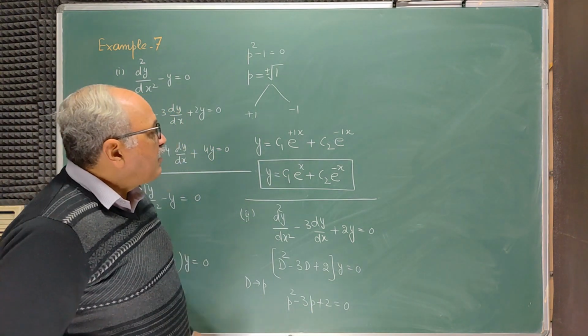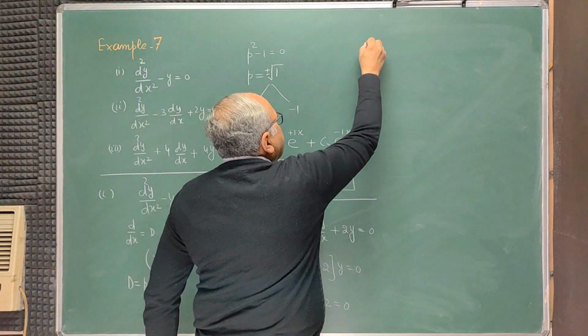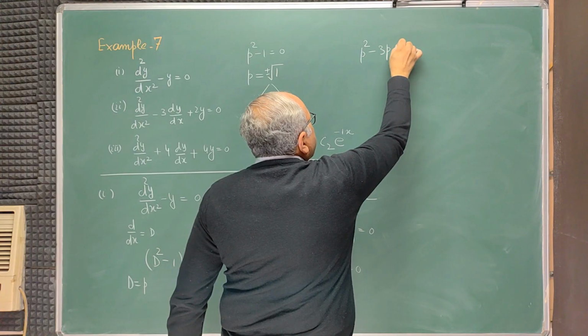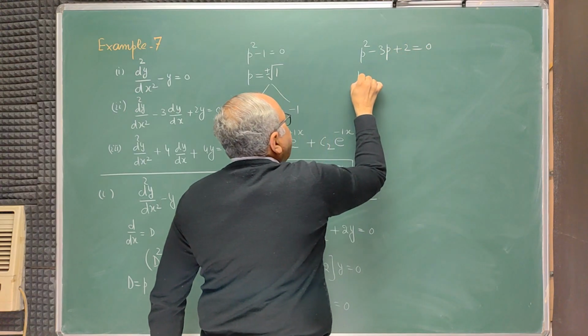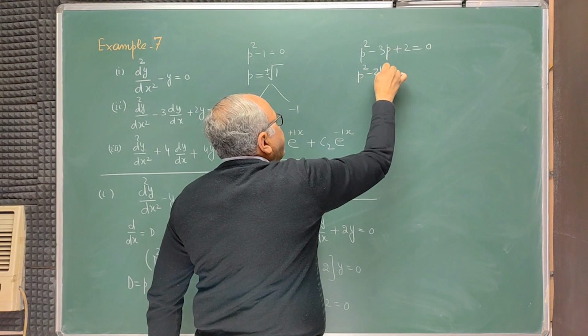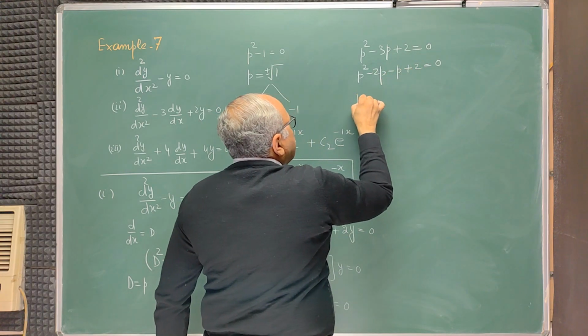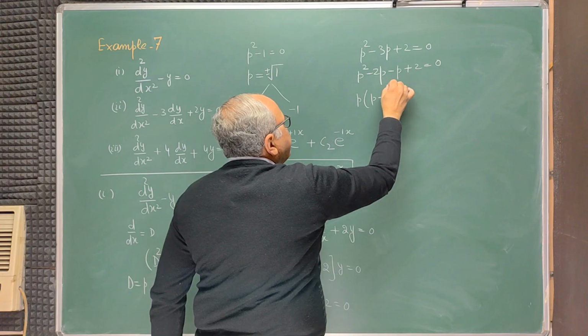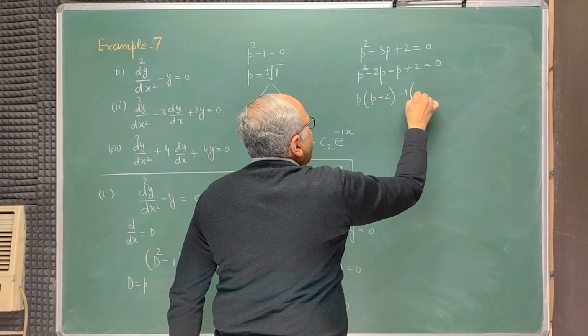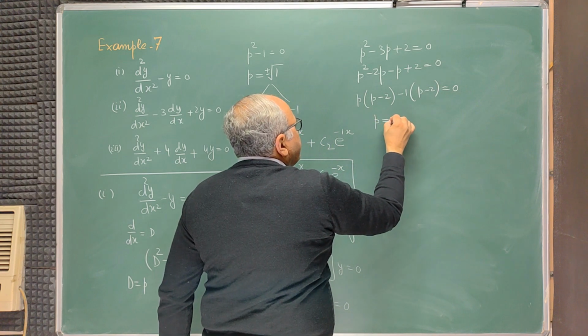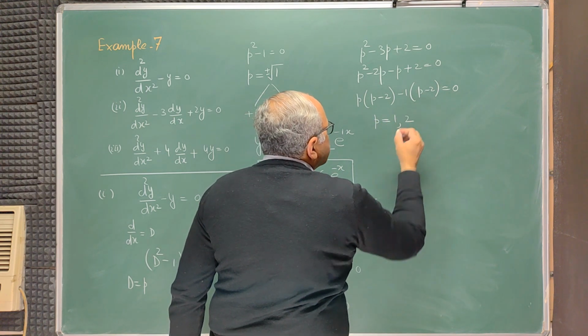Now this is a quadratic equation which can be solved. So p square minus 3p plus 2, you can write as p square minus 2p minus p plus 2 equals 0. So p common, p minus 2, minus 1, p minus 2 equals 0, giving me p equals 1 and p equals 2.